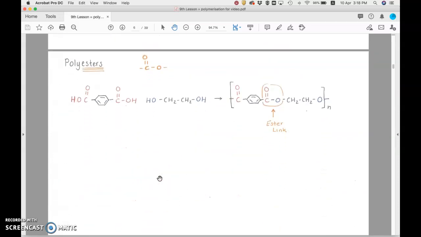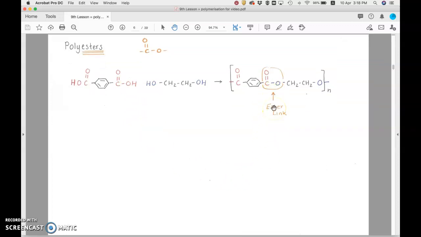This is the same illustration, just another example where you've got your carboxylic acid. This time, instead of having an A or a B here, you've got a benzene ring. And I've still got two carbon CH2 groups there, but the process is the same. OH comes off the carboxylic acid and the H comes off the alcohol, and that forms your ester link.